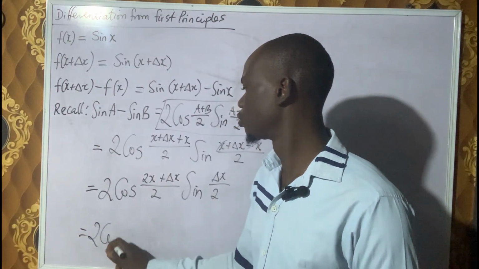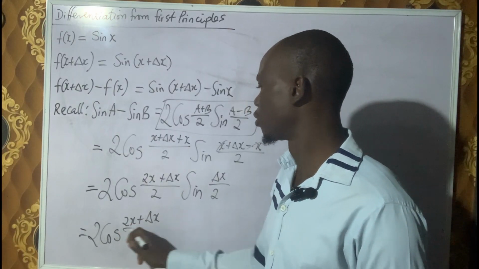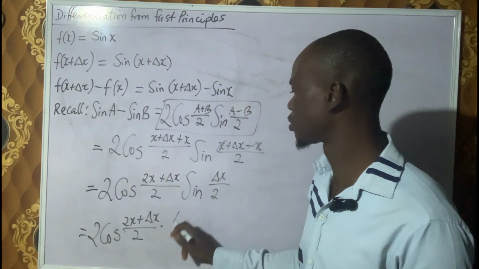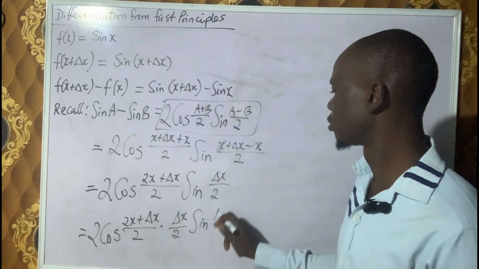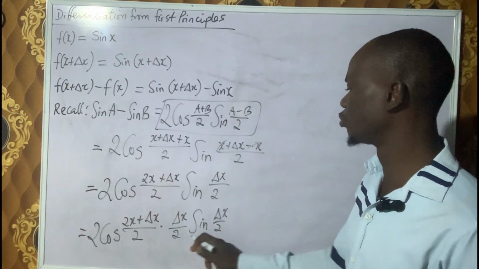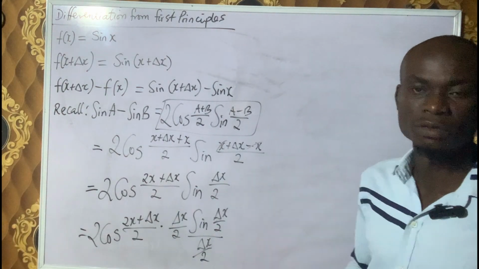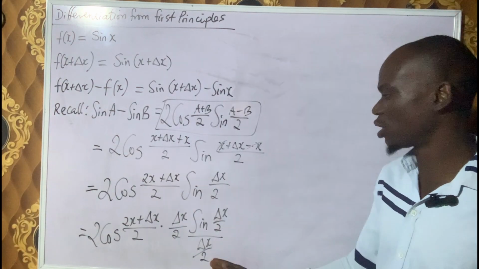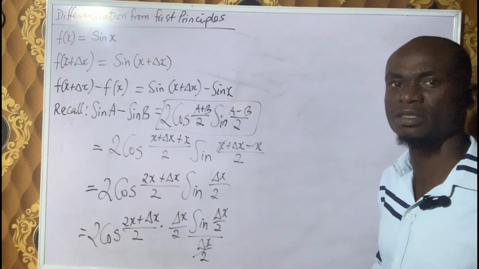2 cos of 2x plus delta x all over 2, times delta x over 2, sine delta x over 2, over delta x over 2, all over 2. In this case, I've succeeded in making this a special limit, and I've brought in a free delta x.